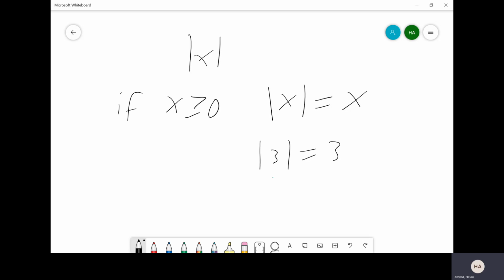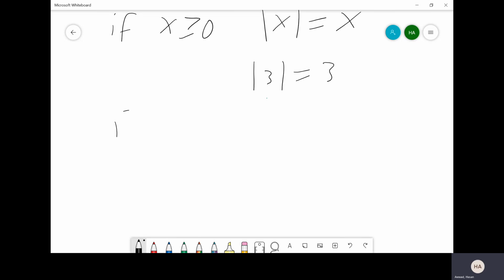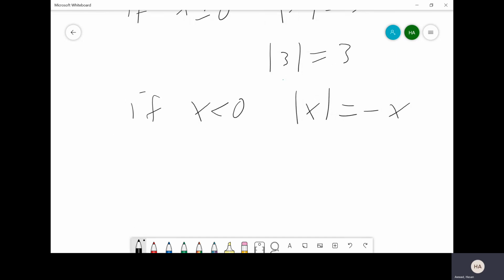However, if I have a negative number, so if x is less than 0, then the absolute value of x is going to flip the sign. I know this might seem counterintuitive, me writing a negative number here, but what's really happening? Let's do a quick example. Say x is -3.